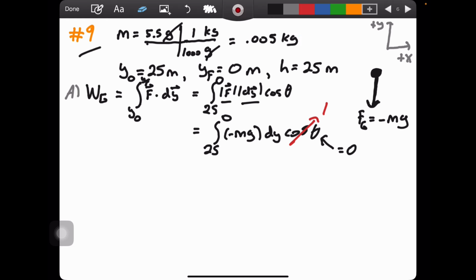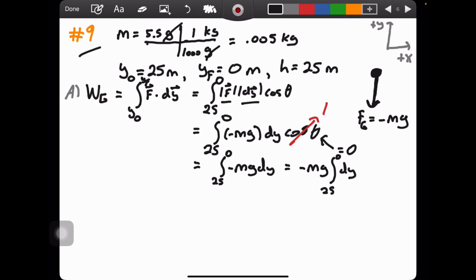This simplifies my integral such that from y equals 25 to y equals 0, I have negative mg dy. Remember, the cosine term went to unity. I can further simplify. I can take the constants outside the integral. So I can say negative mg, dy from 25 to 0.